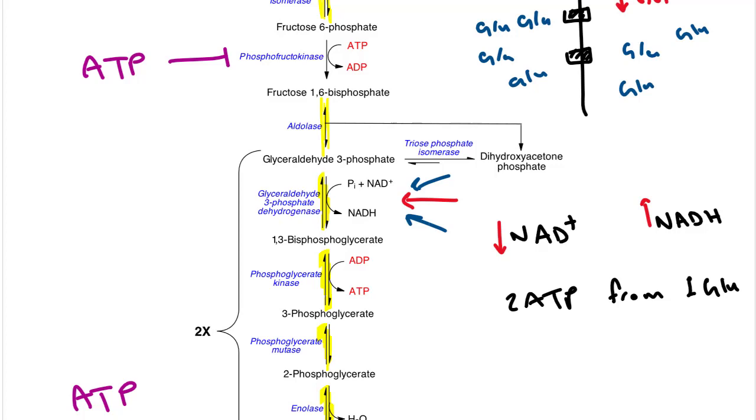And if you run out of NAD plus, then this reaction cannot occur because NAD plus is a reactant in that reaction. And if this reaction stops, then the two reactions right here that actually produce ATP from ADP will not occur, and thus the cell starts to run out of ATP. So glycolysis by itself will not work under anaerobic conditions. You need something else.